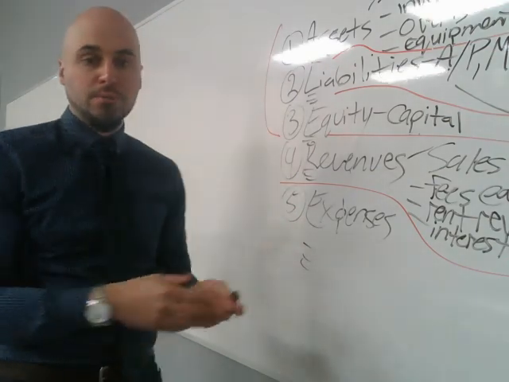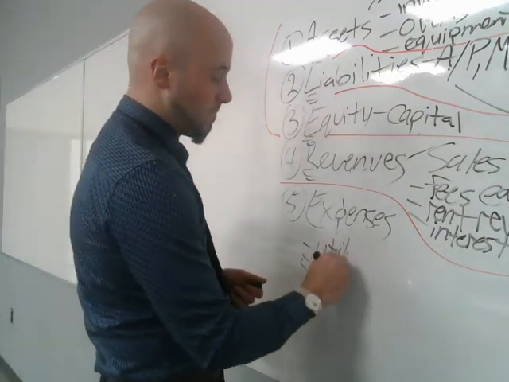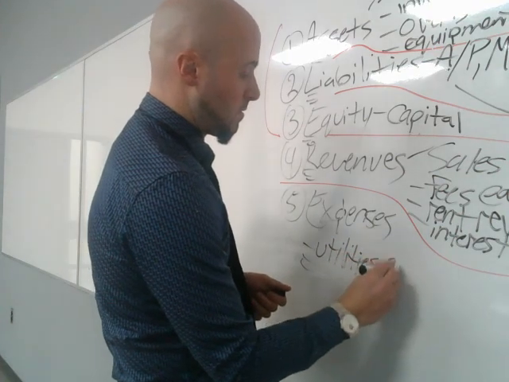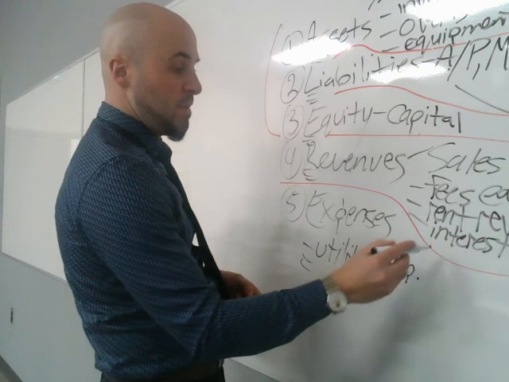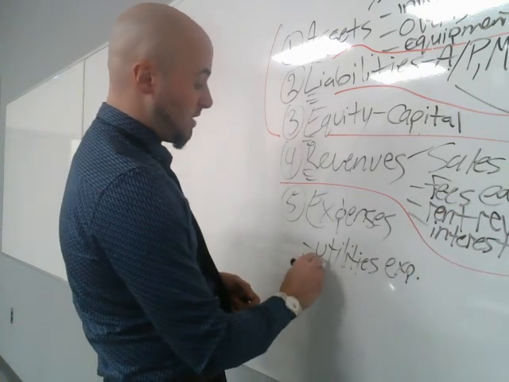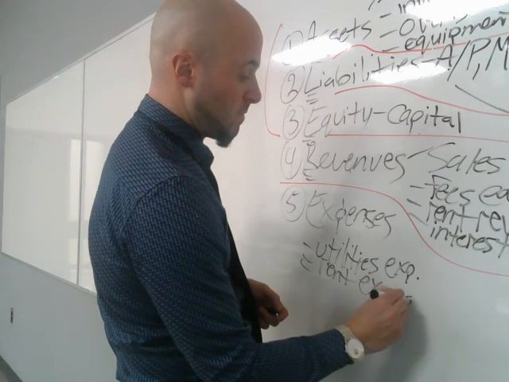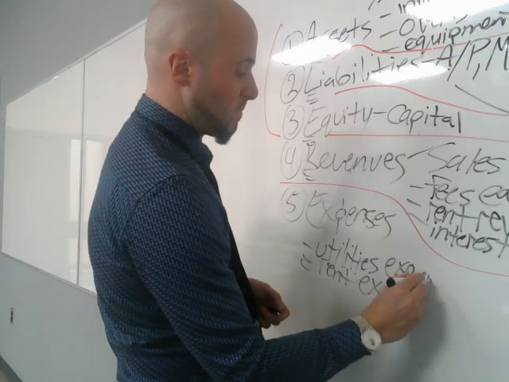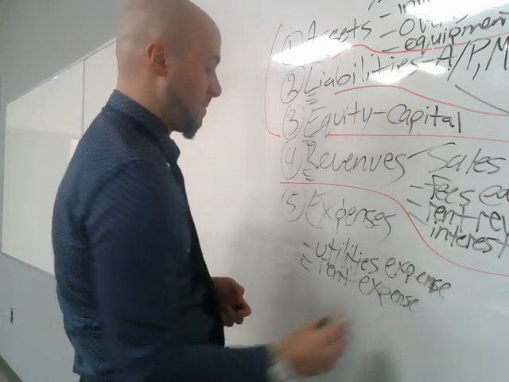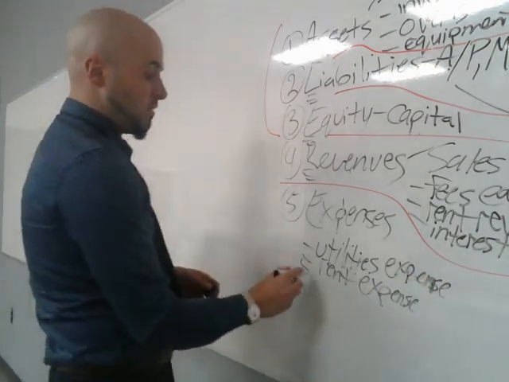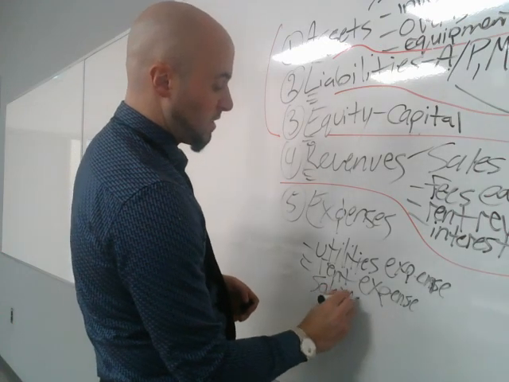And what are those costs? We could say utilities expense, okay, to the business. Okay, maybe you are doing the renting, so therefore it's a rent expense. Okay, if you have employees, you'll have what's called salaries expense.